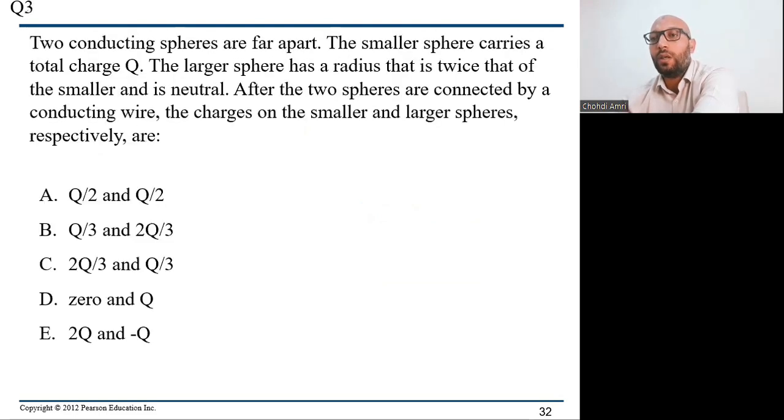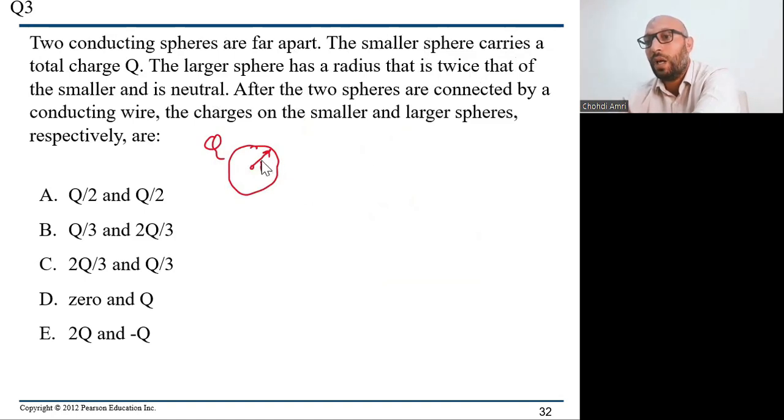Last example: two conducting spheres are far apart. The smaller sphere carries a charge Q. Let's draw here. Sphere 1 has a charge Q. The larger sphere has a radius twice as large.